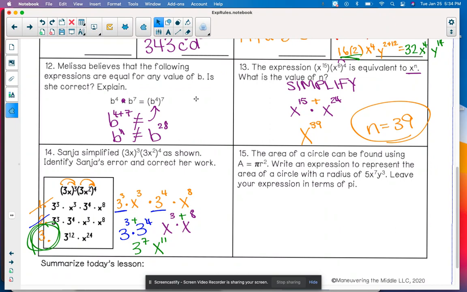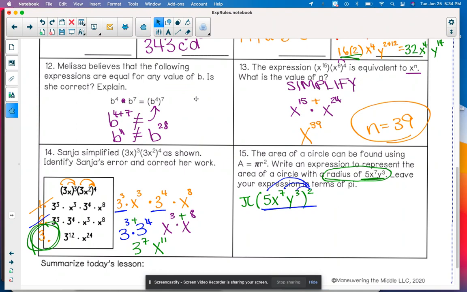So if we think about this in terms of pi r squared, our radius is this. So I'm going to plug this in place of r. 5x to the 7th y cubed, and square it. So the main thing I'm going to be focusing on here is this part. We're going to distribute the 2 to everything.